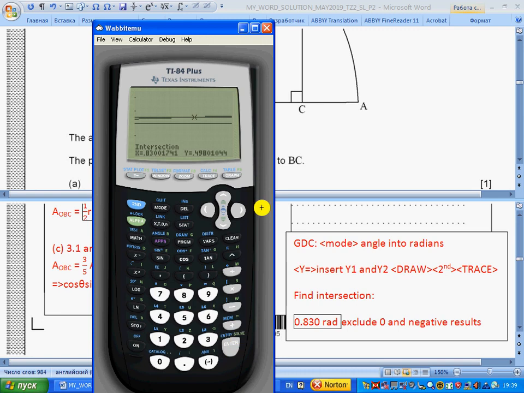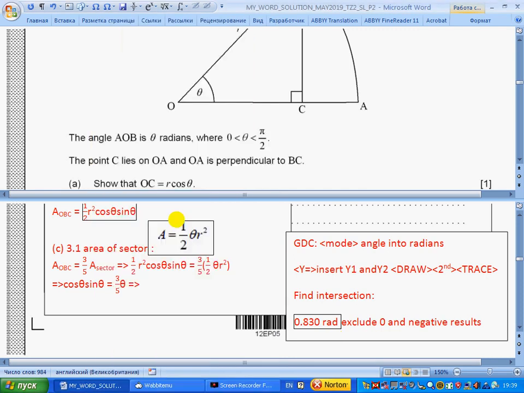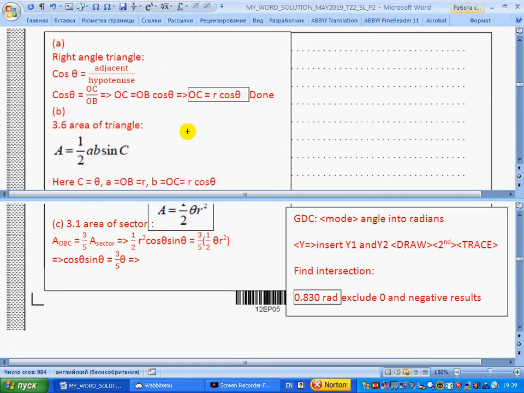So we got the correct answer, 0.830. Right, okay, so here I probably used a bigger range. Okay, right, correct answer, that's enough for us.